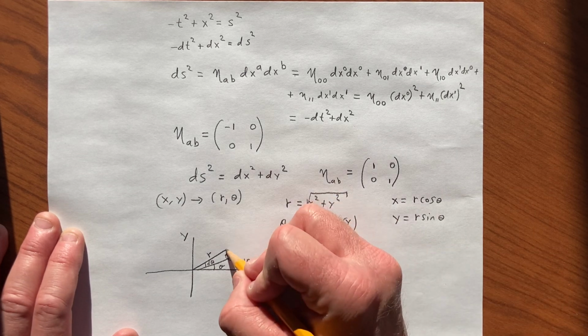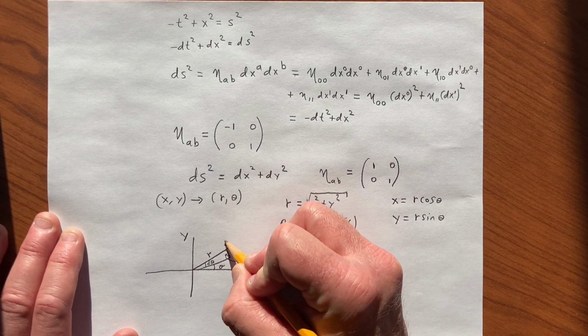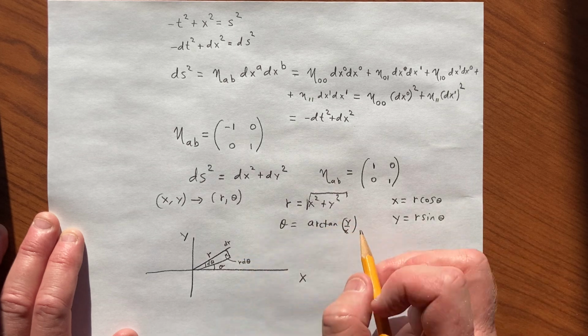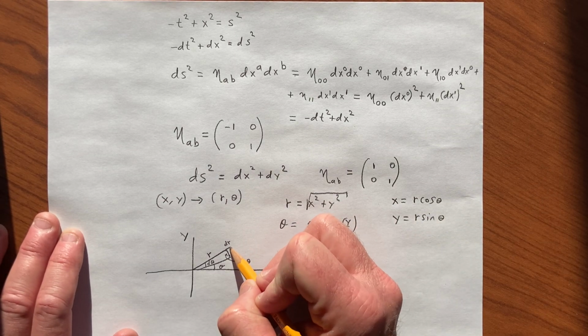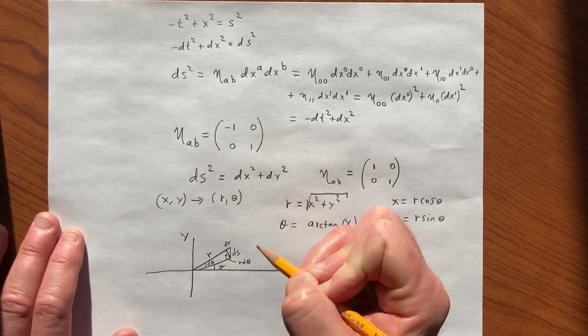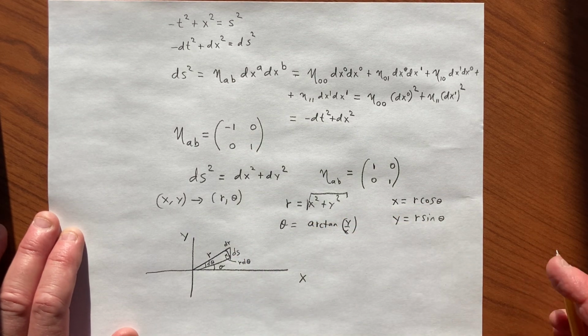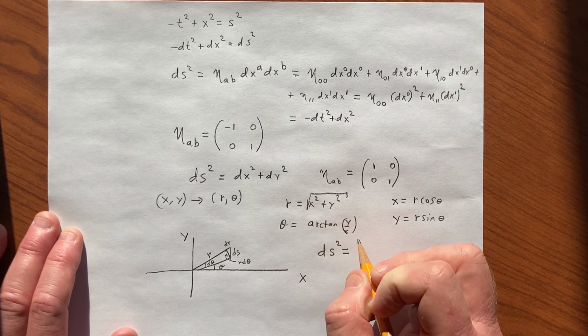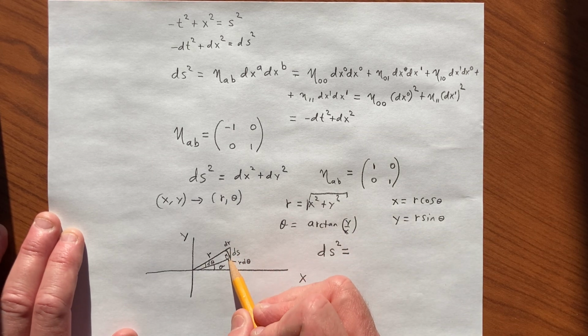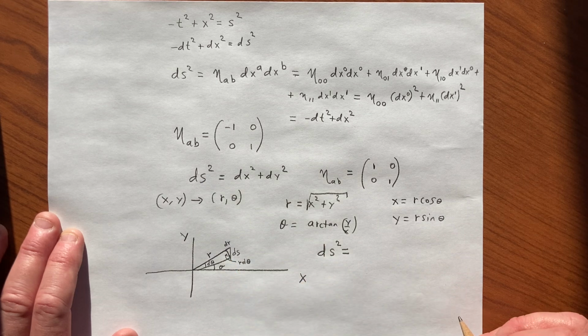Right, this is d theta, and this is a little dr, and this is a little ds. Then ds squared is equal to dr squared and r d theta squared.